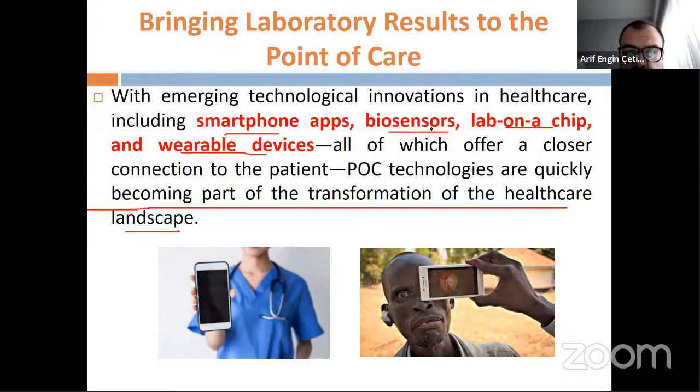There are different types of biosensors, electrochemical biosensors or optical biosensors. These biosensors help build POCT devices with new methodologies. For example, the quick COVID-19 tests are based on chemistry.